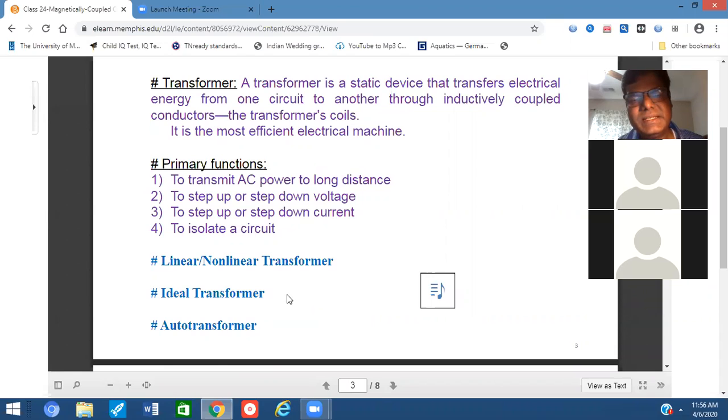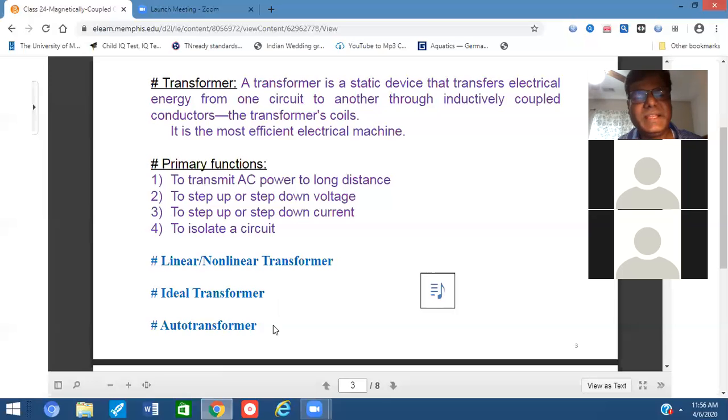If the coefficient of coupling is 1, then it is called a perfectly magnetically coupled circuit. That is basically the ideal transformer. So by the word ideal transformer, you would be assuming that the coefficient of coupling k is 1 and there is no loss in the primary and secondary coils. They are just coils or inductors.